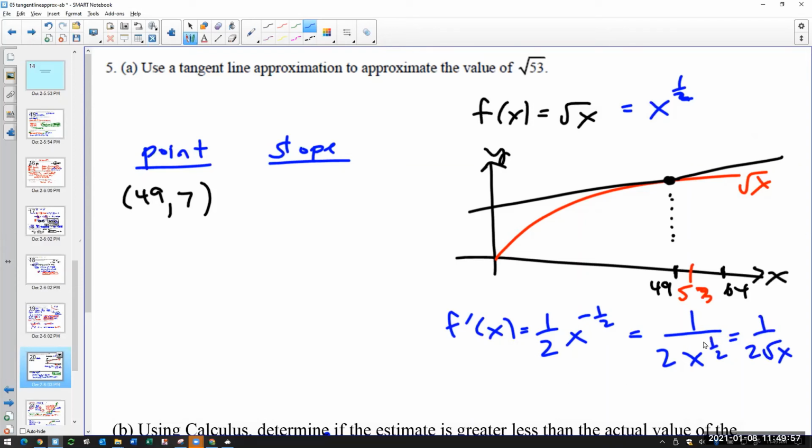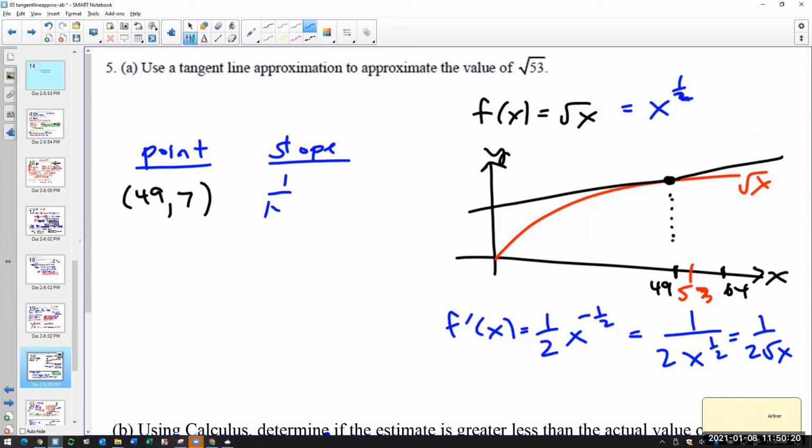We've done this enough times that it should look familiar, that you could look at it and be like, oh yeah, I remember this. The derivative of square root of x is always 1 over 2 square root of x. But guys, I can't have x's in my slope. So what is my x here? 49. What's the square root of 49? 7. What's 7 times 2? 14. So this is 1/14.